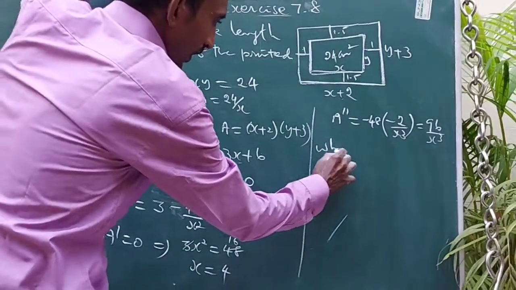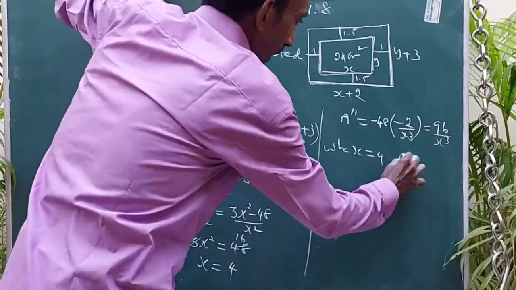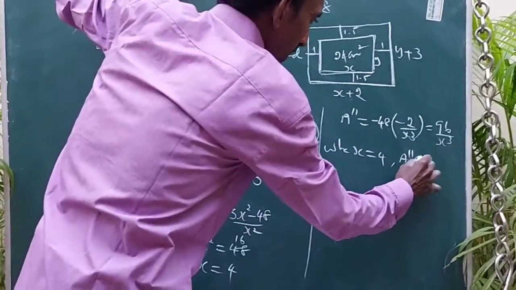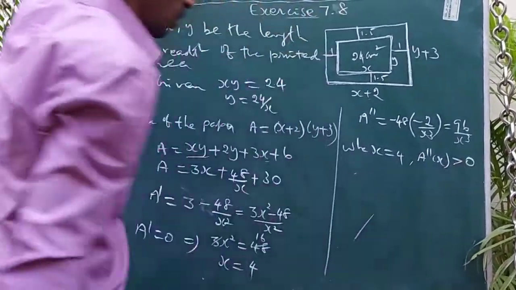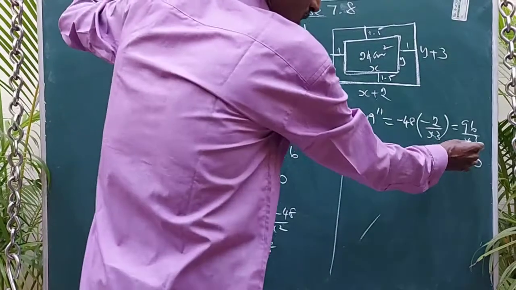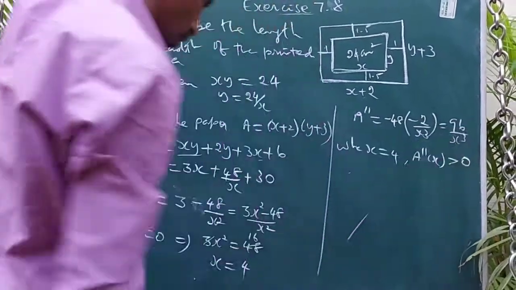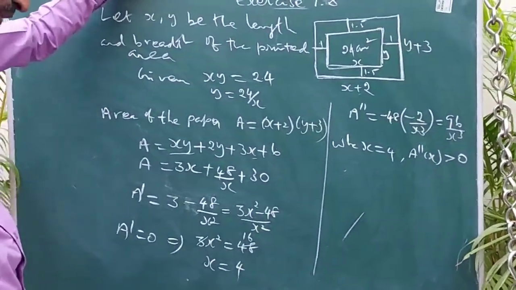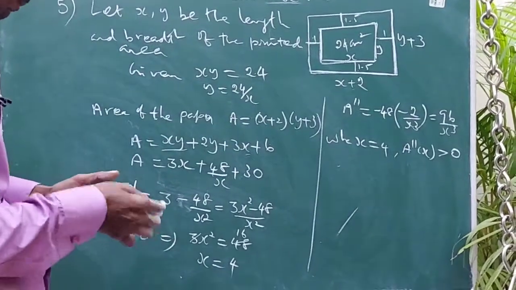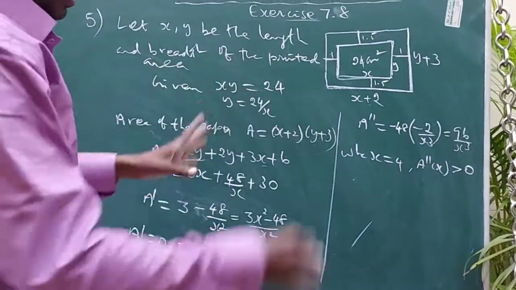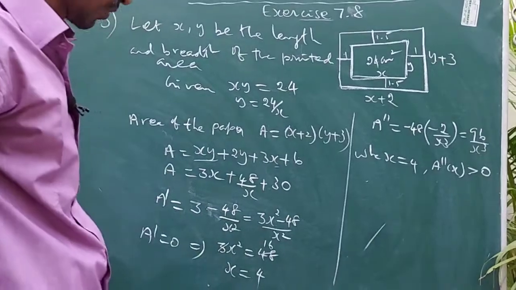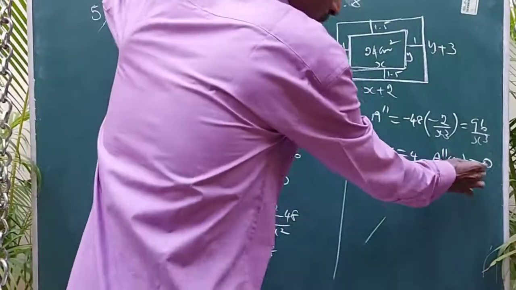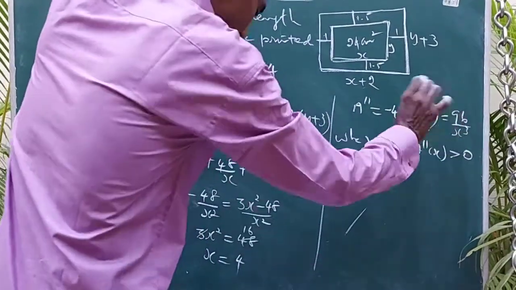When x equal to 4, f double dash of x is greater than 0. x is positive means 96 by x cube is also positive. We don't need the value, just to say positive or negative, which is greater than 0. Positive by positive, positive, that is enough.